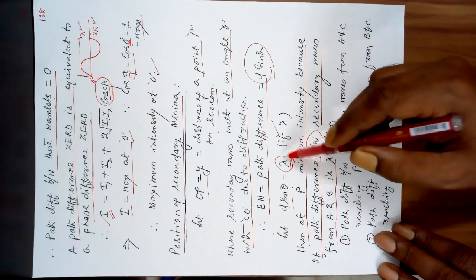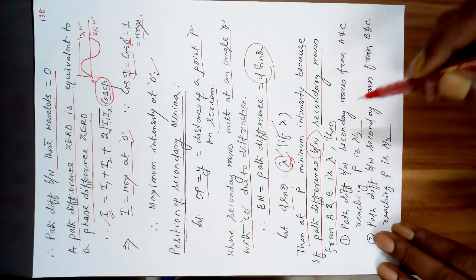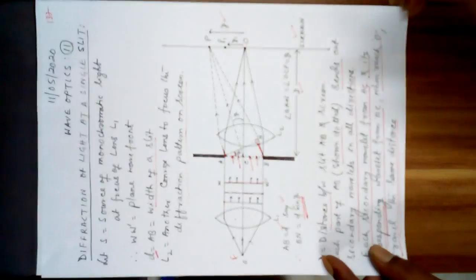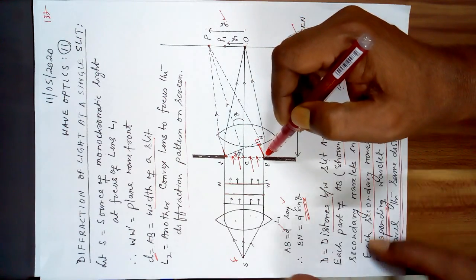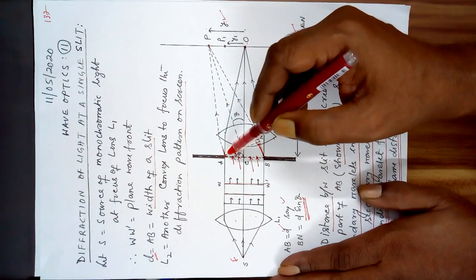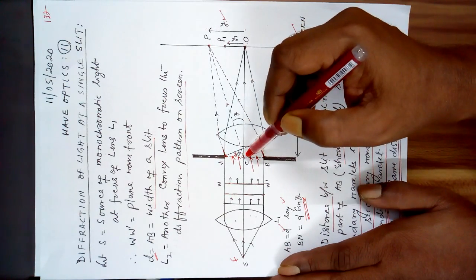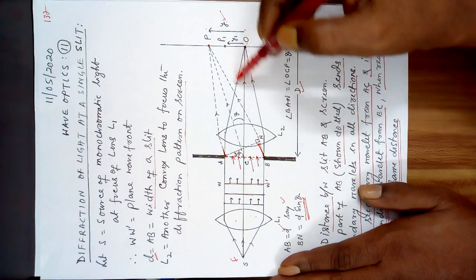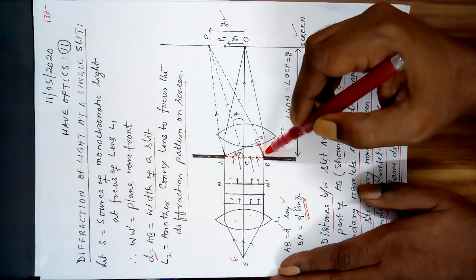Which I have assumed as lambda, then we can interpret like this. You can imagine this whole distance from A to B is divided into two equal parts, that is AC and BC. From here to here and here to here, the path difference is this.